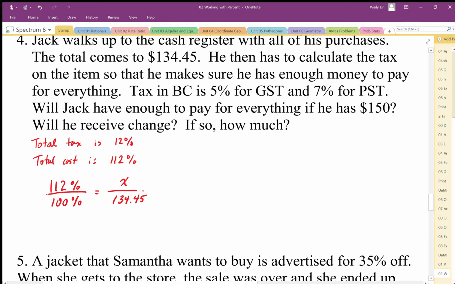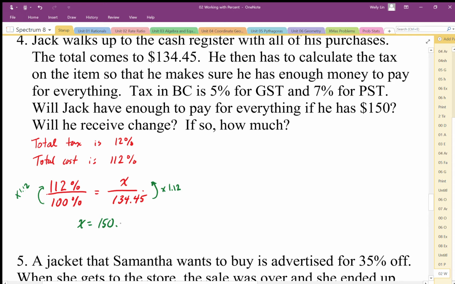So doing our calculation here, I can just find my multiplier. It's going to be times 1.12. I'm going to do the same here, times 1.12. So I get 134.45 times 1.12, which is $150.58. So I'm just a little bit short.